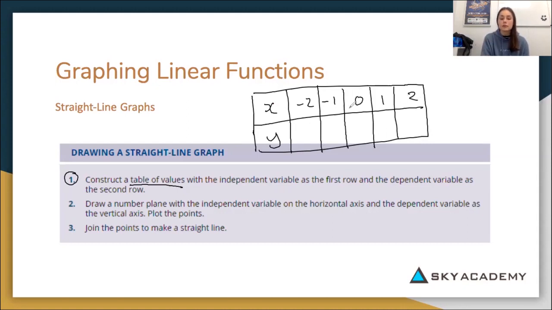It says construct a table of values with the independent variable as the first row. That will be our x, which is the independent variable, and the dependent variable as the second row. What that means is if we have a number plane, our x is on the horizontal axis, so it is independent, and the y is on the vertical axis, so it is dependent.